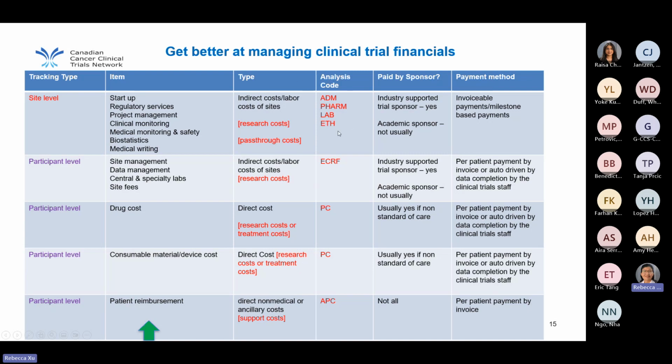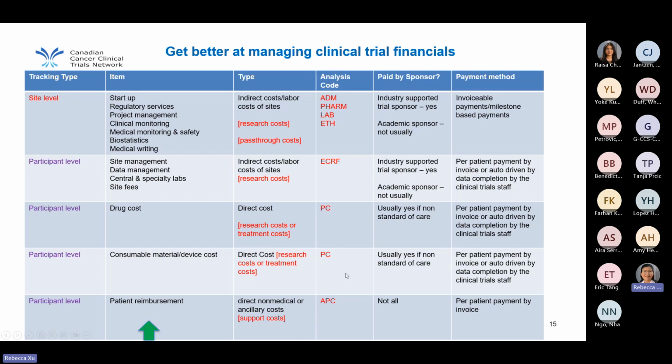A lot of the time, the missing costs, the missing invoiceable items, are the ethics related items and also the unscheduled visits. So the ETH and also the eCRF form related to those items go missing. Those are the ones you need to pay attention to.